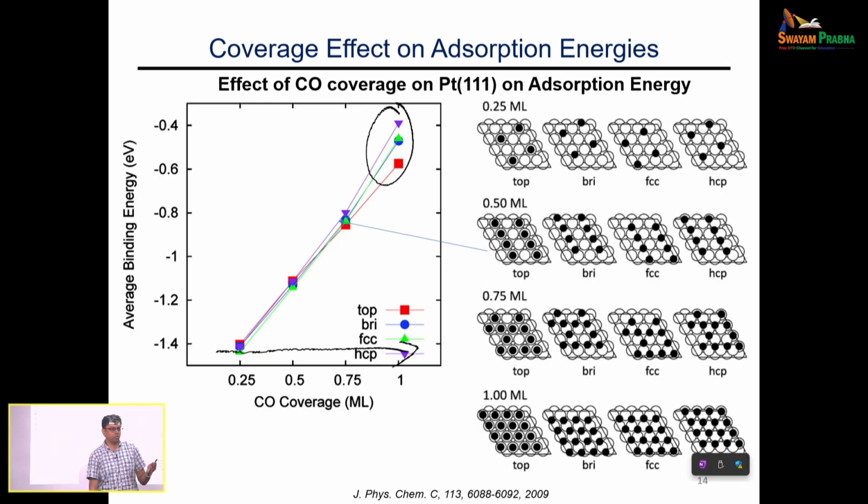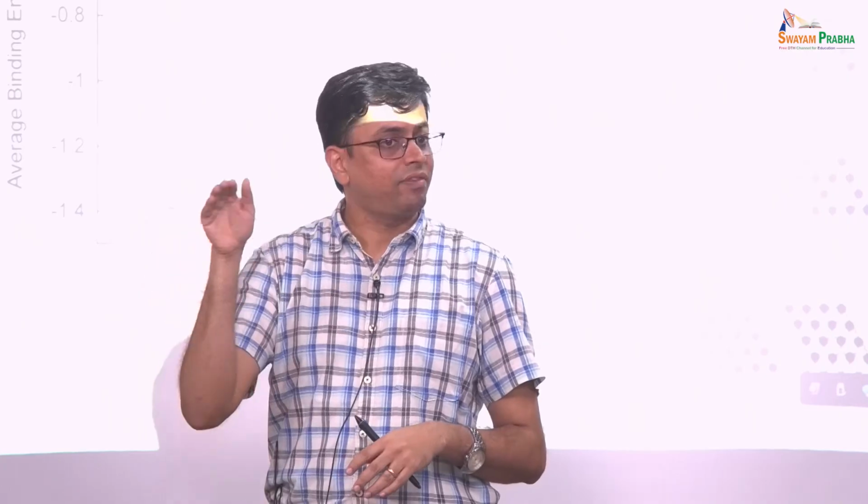So again, in adsorption, everything apart from talking about points of contact and so on, there is a coverage impact. If you are expecting your surface to be completely covered versus partially covered, you are going to see substantial changes in adsorption energy, and the coverage changes in practical terms typically in response to pressure. If you have a gas phase with high pressure, the expectation is that you have high coverage.